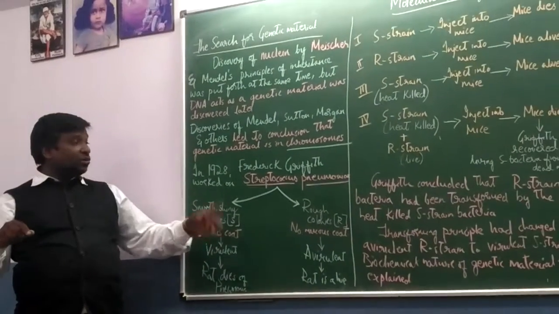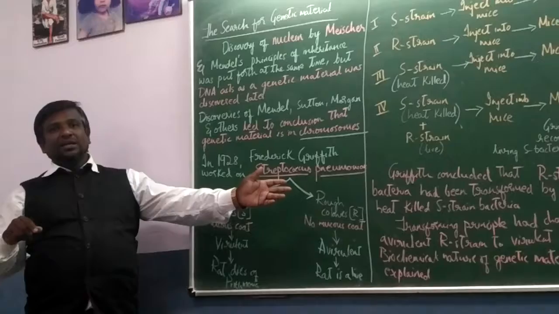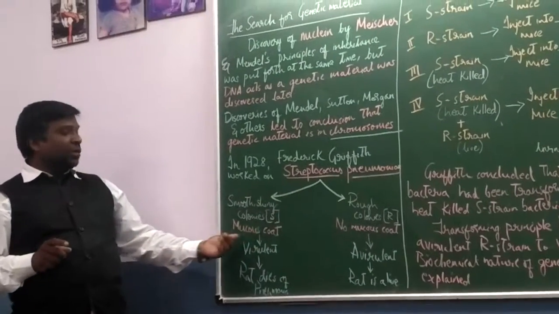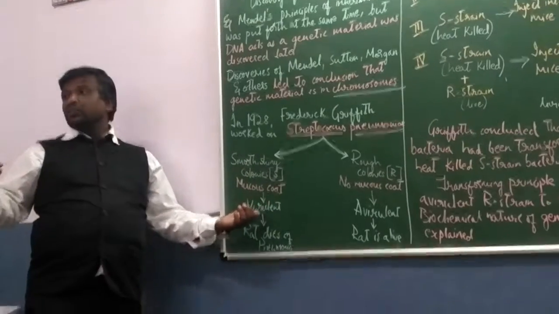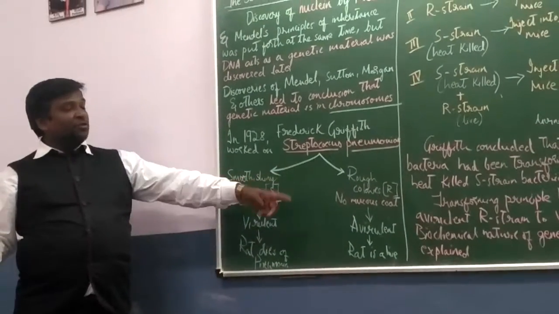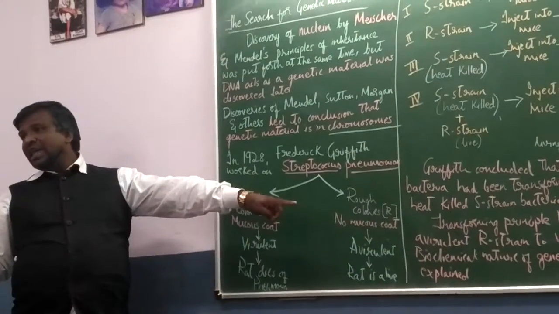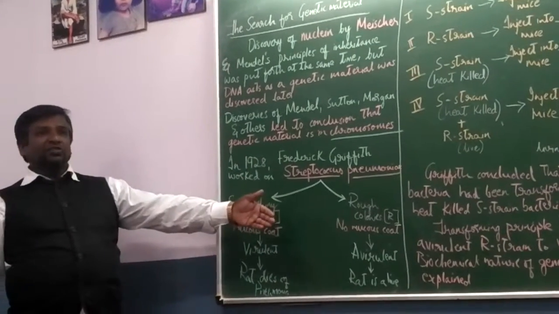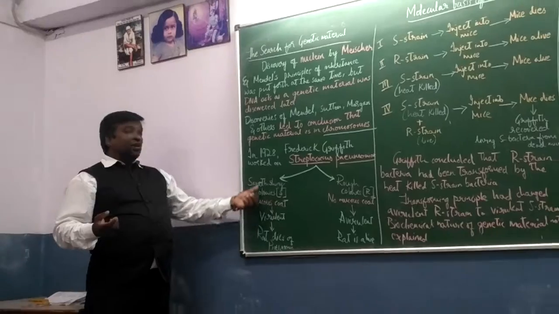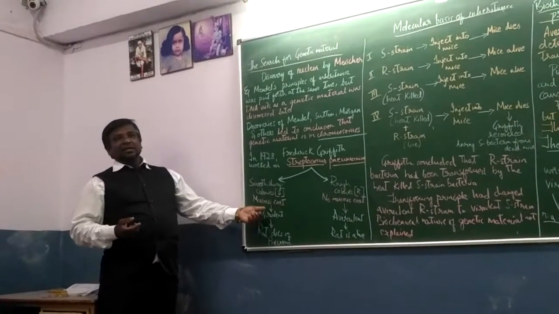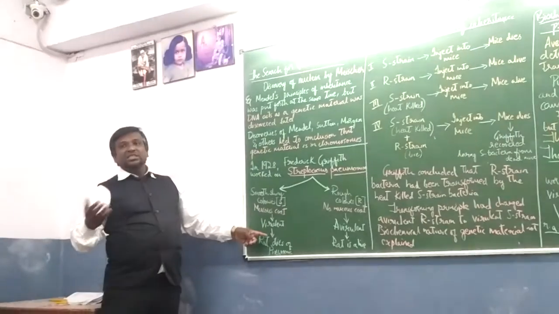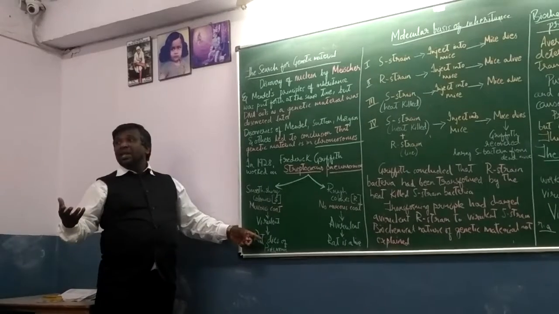He was able to find two strains in Streptococcus pneumoniae, the S strain and the R strain. The S strain had a mucus coat, because of which it was smooth and shiny. The R strain did not have a mucus coat, because of which it had a rough surface. He also found through experiments that the S strain is virulent and pathogenic.